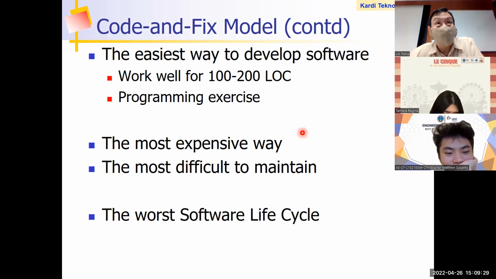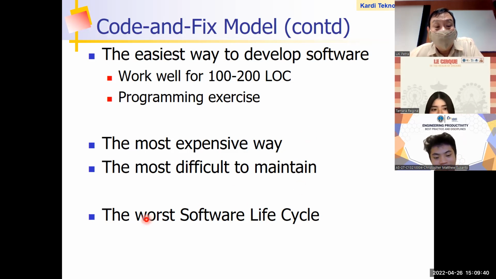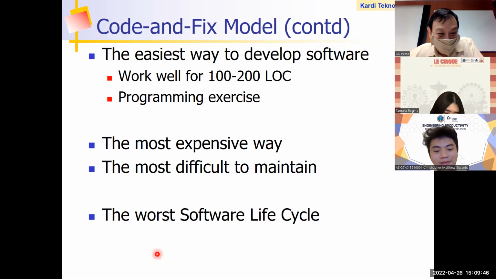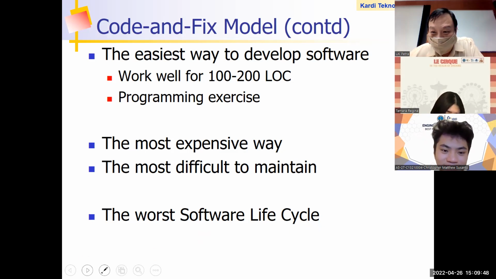But remember, this is the most expensive way to do the software development lifecycle, the most expensive and the most difficult to maintain. I put here the worst software lifecycle. Don't do this.